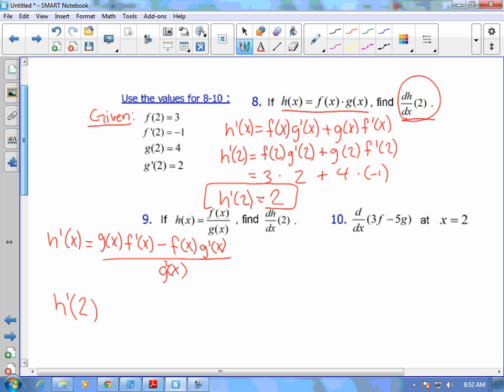I'm evaluating h prime at 2. g of 2 is 4 times f prime of 2, negative 1, minus f of 2, which is 3, times g prime of 2, which is 2, all over g of 2 squared, 4 squared.